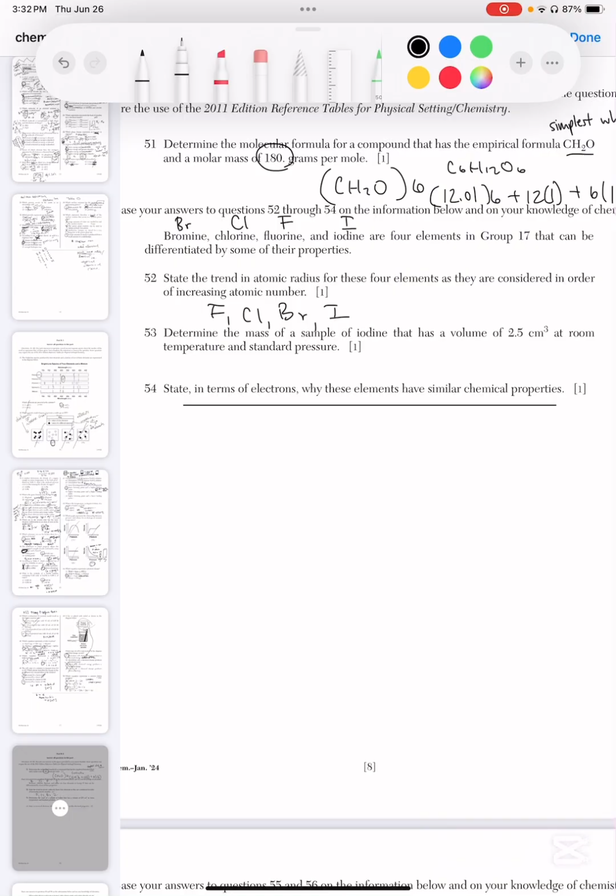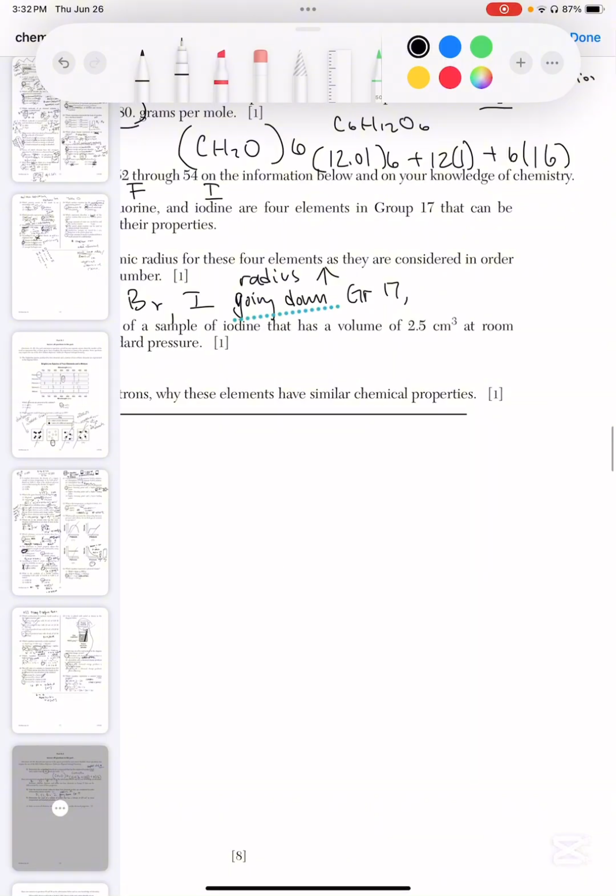So atomic radius is increasing. Radius is increasing because as you're going from F, Cl, Br, and I, you're going down group 17, which means that you're increasing the number of electron shells.